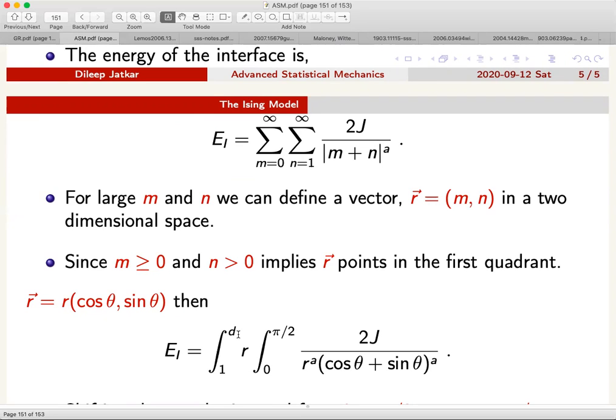Just give me a moment. Yeah, should have been infinity, sorry. So this integration should be from 1 to infinity. A lot of terms missing actually. I think there's a typo, just give me a second.